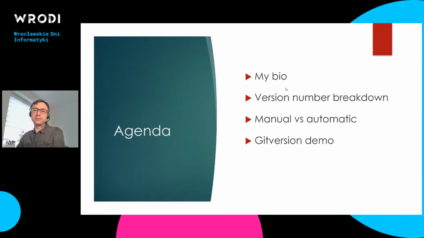So GitVersion, we will go through two different scenarios and compare what is specific to each of those. I would like to also review the command line interface of this GitVersion tool. And at the end, I'd like to have some time for the Q&A session.